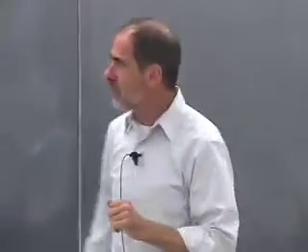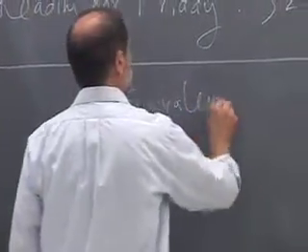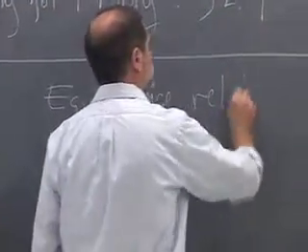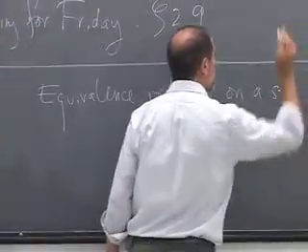Okay. So we're going to start off with the notion. This is a very important topic we're going to get today, which is the relationship of subgroup and its index. So we're going to start off with a review of what's an equivalence relation on a set. It's a notion in set theory.